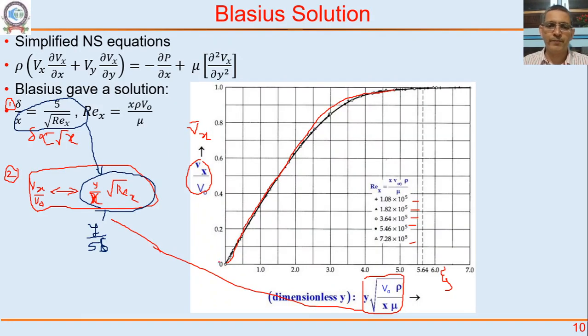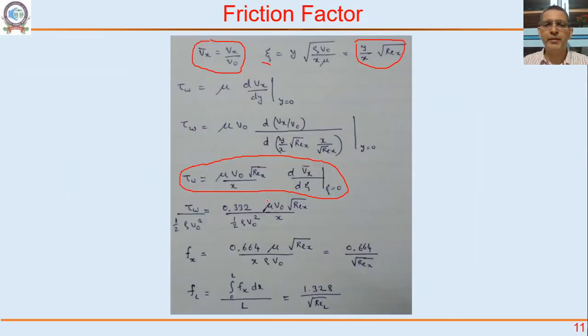Slope of this curve. What is the slope of this curve? 0.2, 0.3, slightly more than 0.3. Slope of this curve at the origin. It's like a straight line if I draw at the origin. That's the slope. That slope is 0.332. That's what he found.